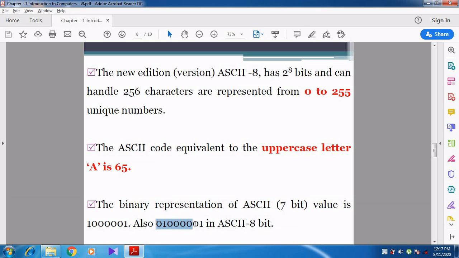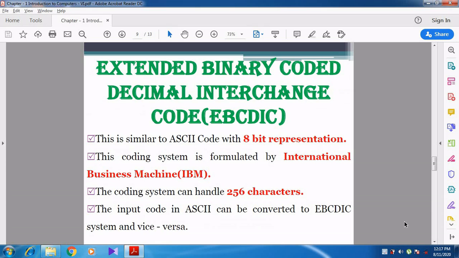If you represent it in 8-bit, how will it be? 01000001. Here this one represents 64 and this one represents 1. So 64 plus 1 is 65. Right. So this is about ASCII numbers, the ASCII encoding system.